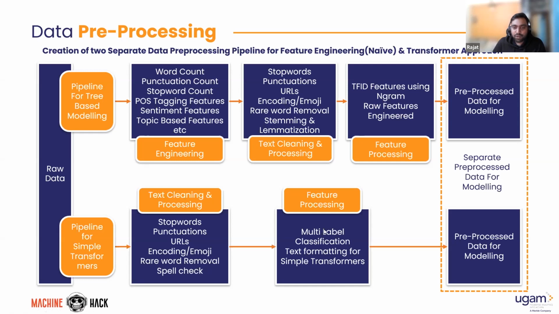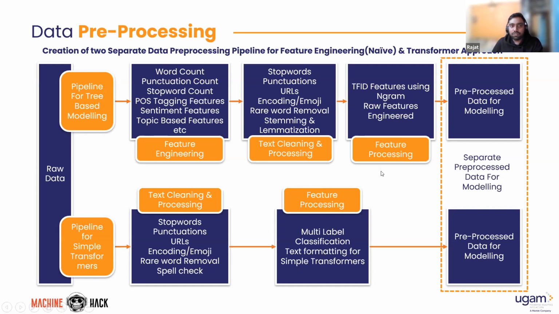Then moving on, I did some feature processing to format the review and the labels around it, so that it can be easily used with simple transformers. After that I had two separate datasets which I can use to model around. Okay, so this is the pre-processing that I have done.